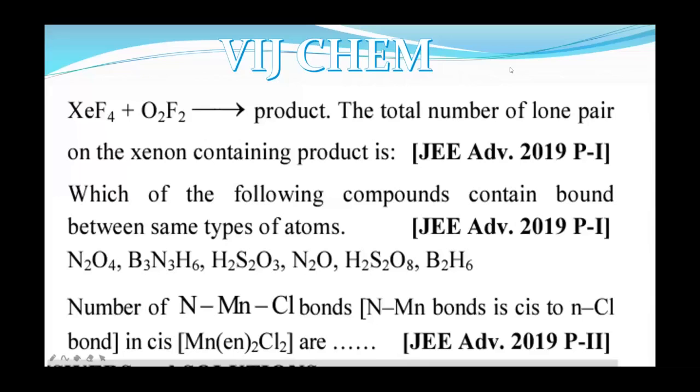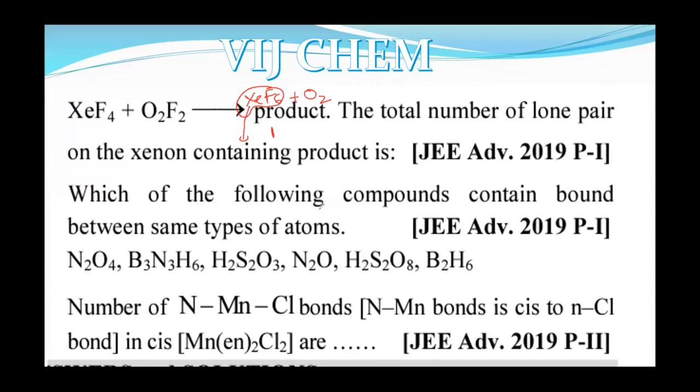Okay, here I will give you the product, then you can at least try. After reaction of XeF4 plus O2F2, what we get is XeF6 and oxygen will be liberated. Understood? So you can find out the number of lone pair on central atom of xenon in the product. Answer will be 1. Okay.